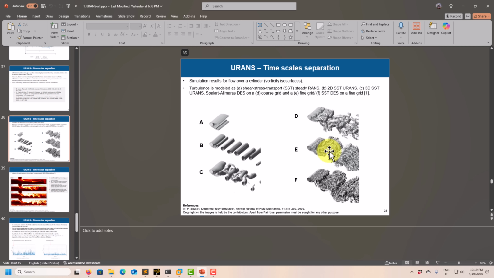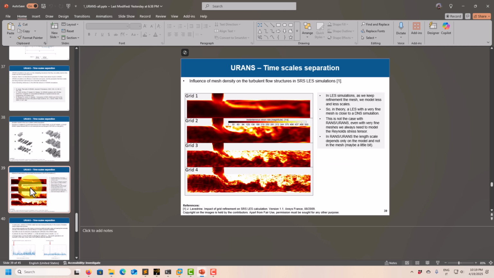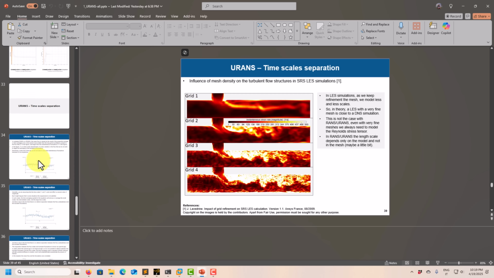If you get something like this with URANS, be careful. Be a little bit suspicious about those results. With URANS, you don't have any dependence on the grid. We also saw that in the SAS papers, and it's written there. But this is something that you are going to see only in scale resolving. In URANS, you don't have this.